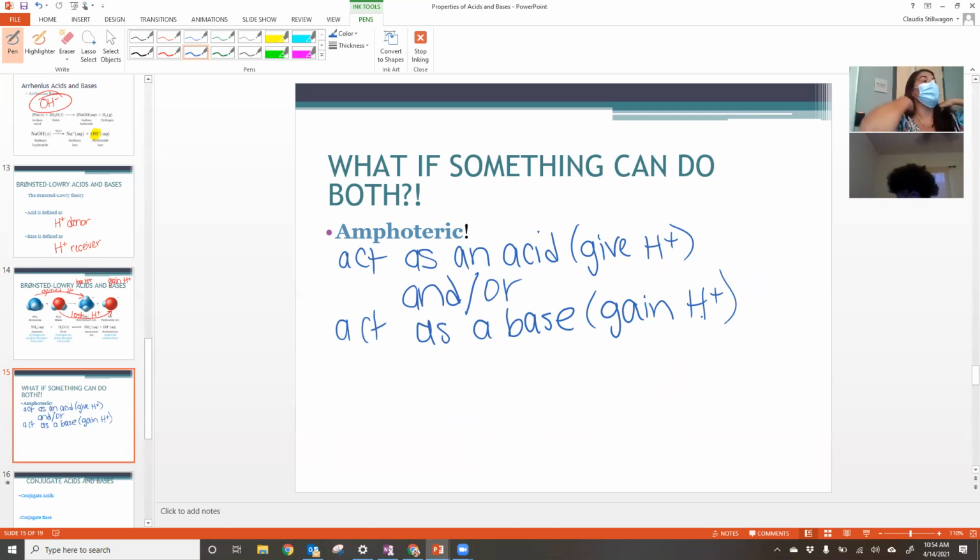Again, we'll talk about the pH scale next time, but water has H, which makes it an acid, and OH, which makes it a base. So the reason that water is neutral is because it's H, OH, acid, base. It has the ability to either lose that hydrogen or gain hydrogen. It's pretty cool when you think about it.